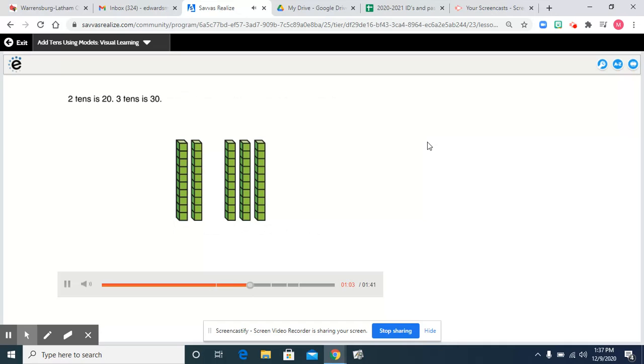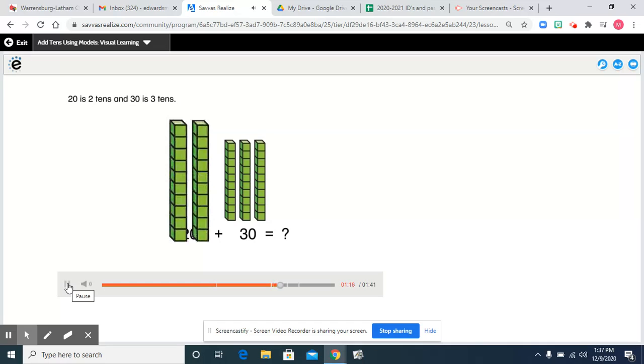2 tens is 20. 3 tens is 30. How is 20 plus 30 like 2 plus 3? 20 is 2 tens, and 30 is 3 tens.